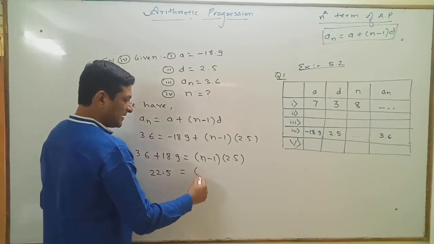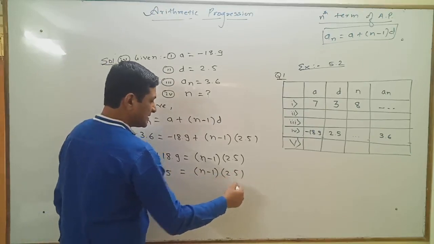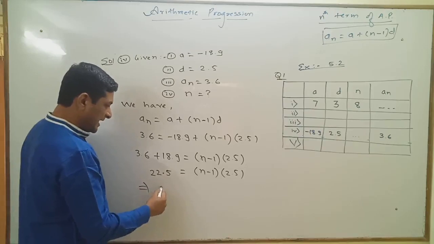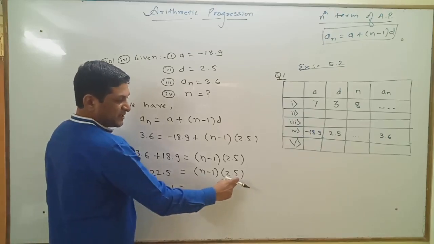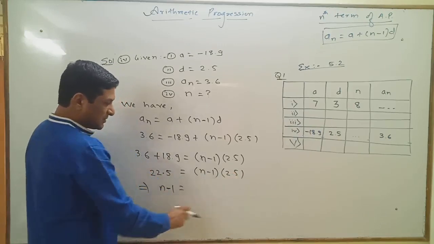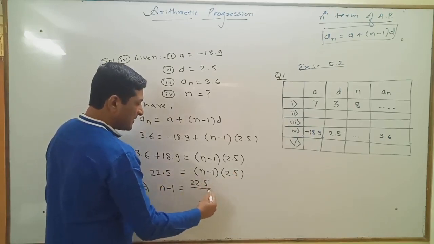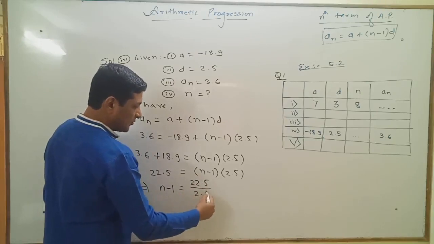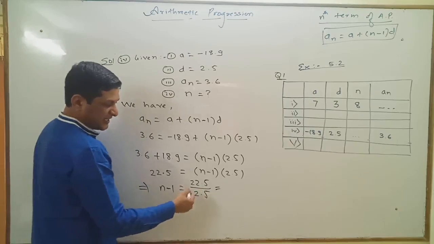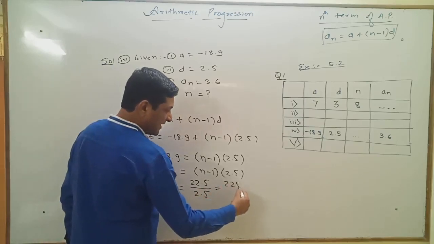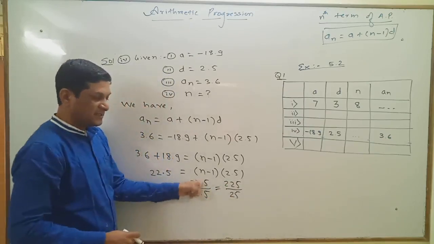On this side, n minus 1 into 2.5, keep it as it is. So this implies that n minus 1 is equal to, now 2.5 is multiplied on this side, so using transformation, it will get divided on the other side, 2.5. If we multiply numerator and denominator by 10, what will we get here? 225 upon 25. We are just trying to eliminate the decimal point.